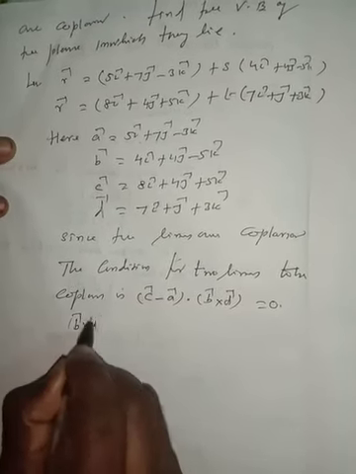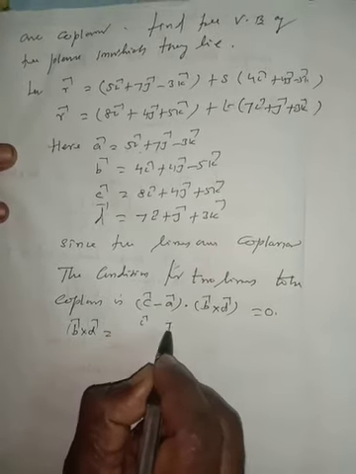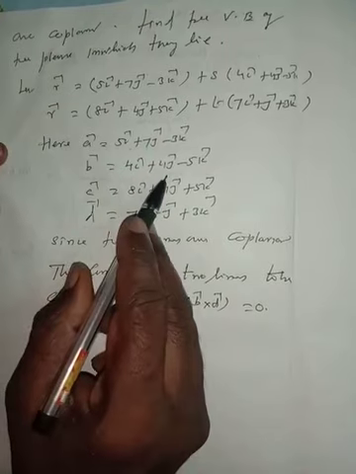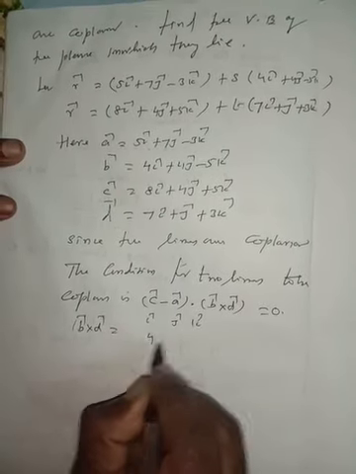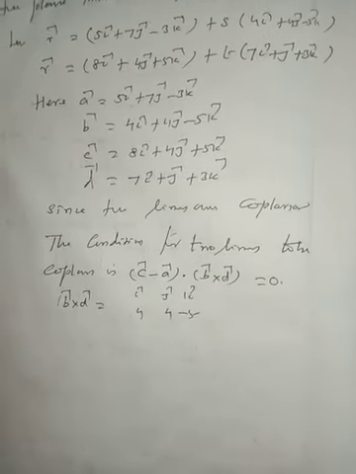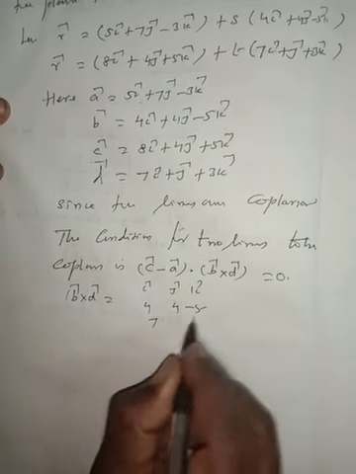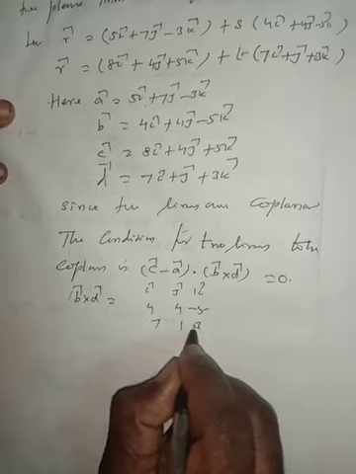B vector cross d vector is the determinant with rows i, j, k; b: 4, 4, minus 5; d: 7, 1, 3.